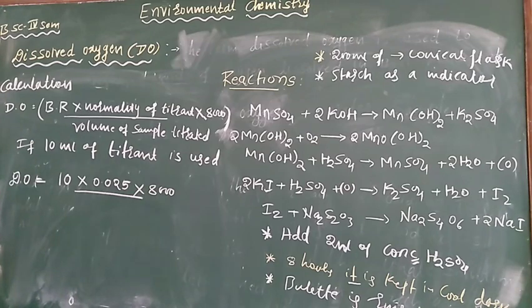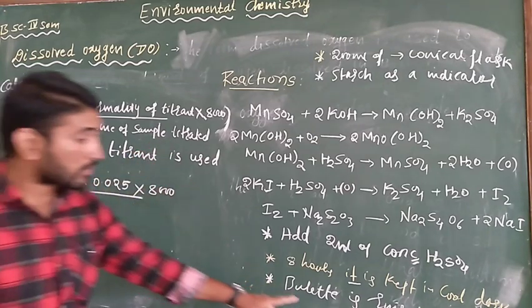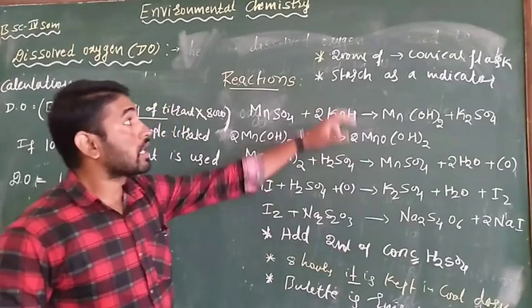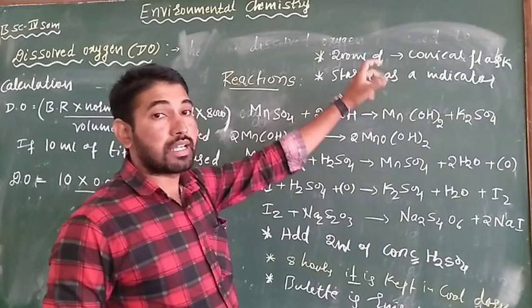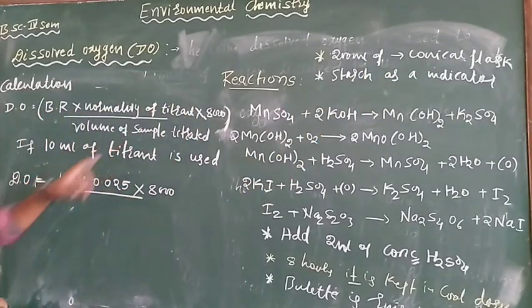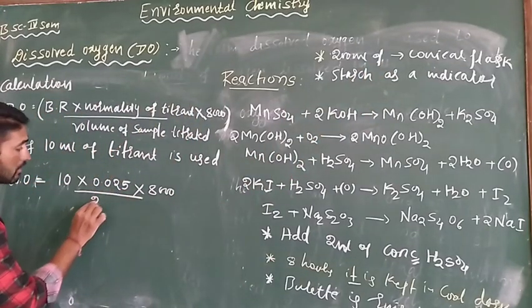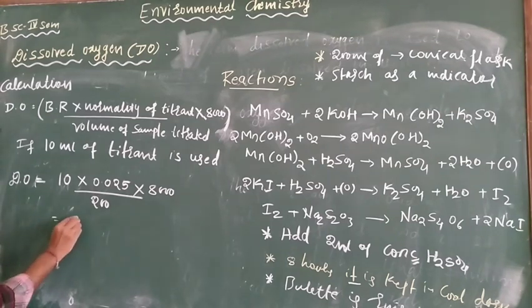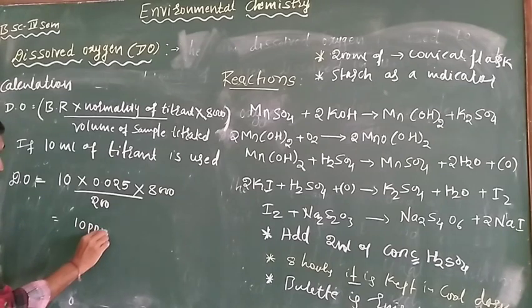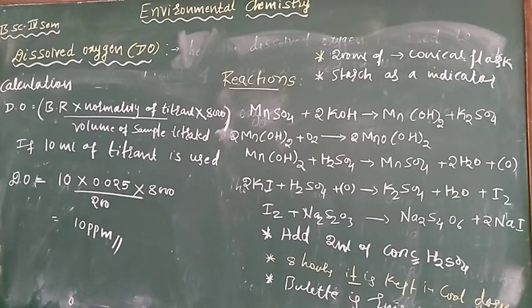How much sample is titrated with sodium thiosulfate? 200 ml of solution is taken in the conical flask, so the volume of sample titrated is 200. It is nearly 10 ppm, parts per million.